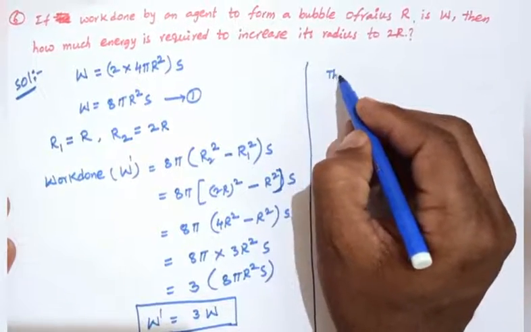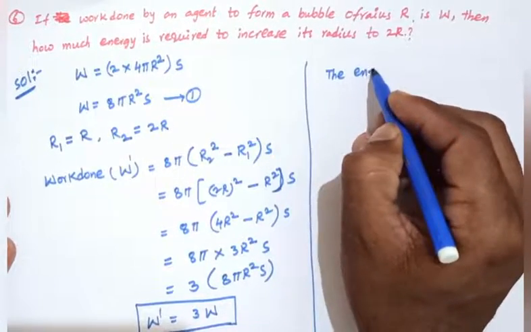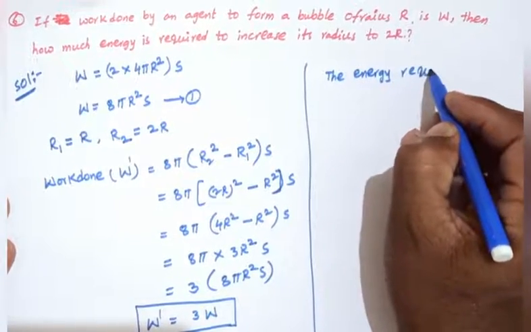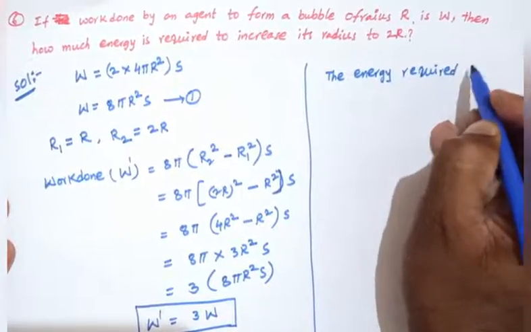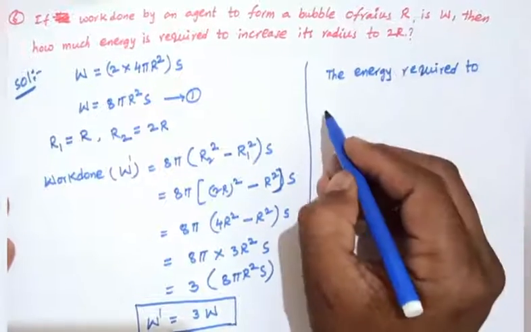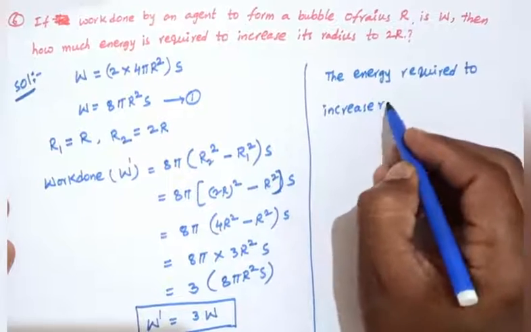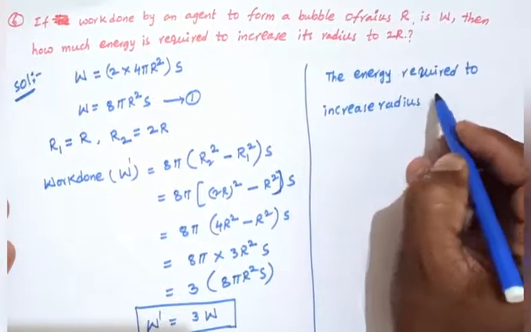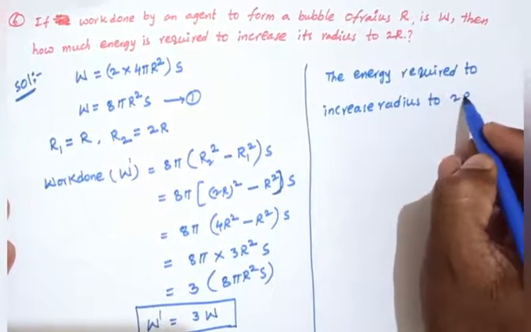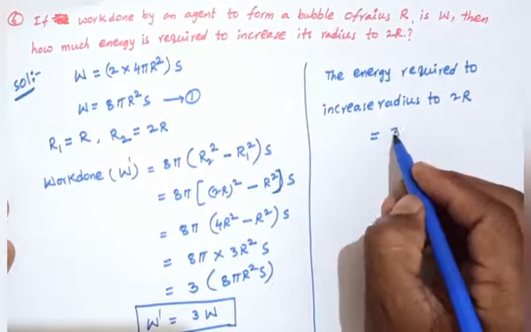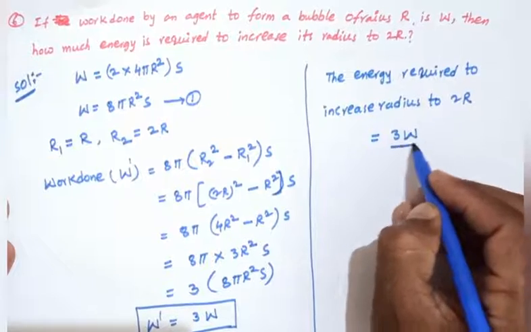The energy required to increase the radius to 2R equals 3 into W.